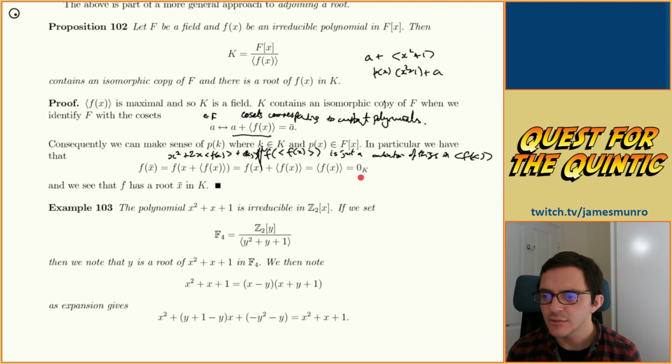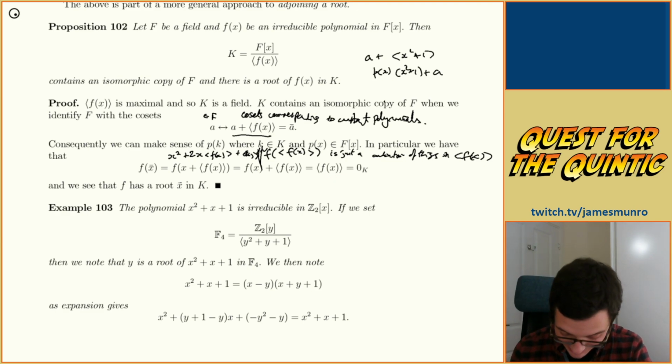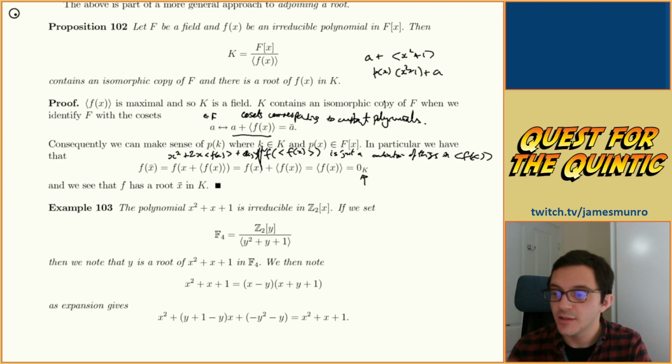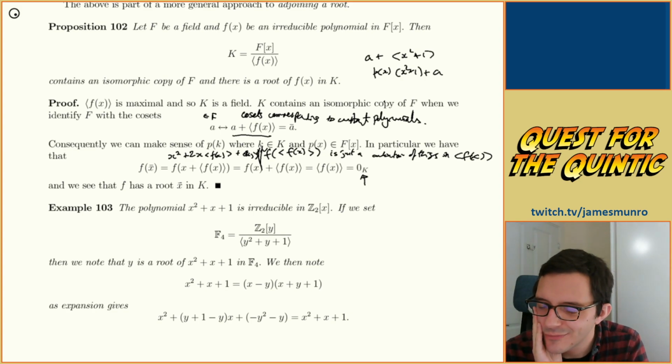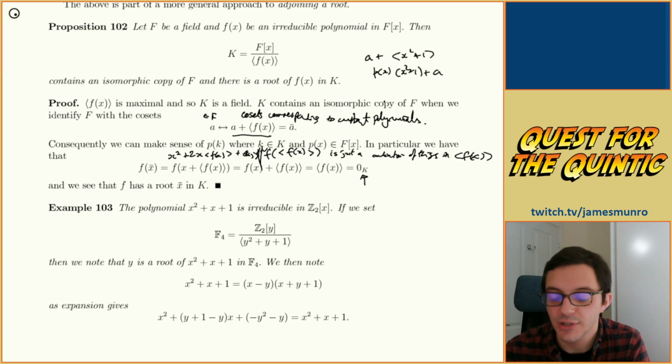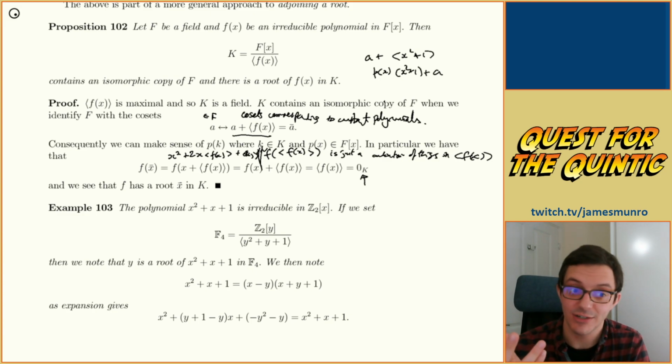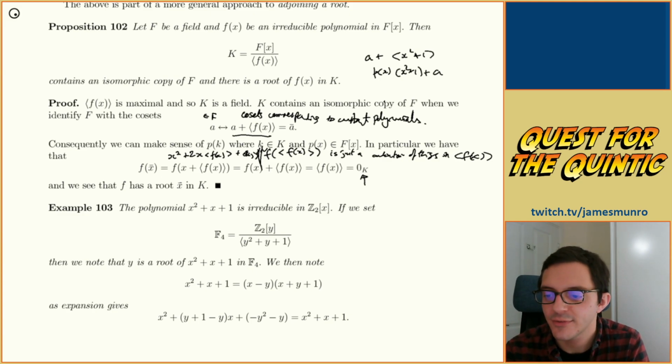Why is that ideal? Oh no, the ideal generated by F is the 0 in K. So the 0 in K, K is the quotient ring. In the quotient ring, we're considering anything that's a multiple of F to be 0 in the quotient ring K.